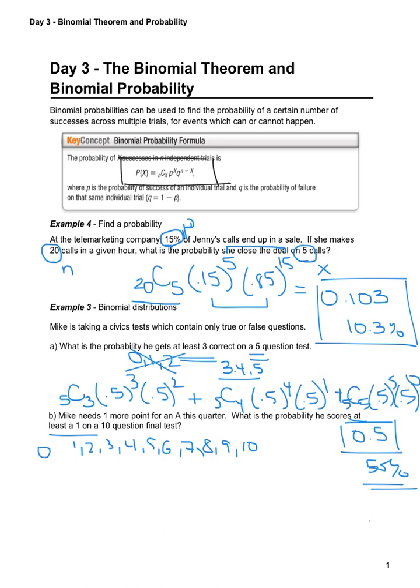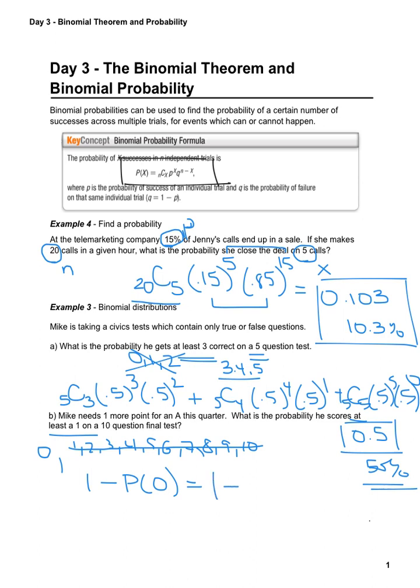The other situation available is 0. If I add up all these probabilities, it should add up to 100%, correct? So instead of calculating all of these, I'm going to use complements. I subtract the probability he gets nothing correct from 1. That's equivalent to the sum of all 10 of those binomial probabilities.